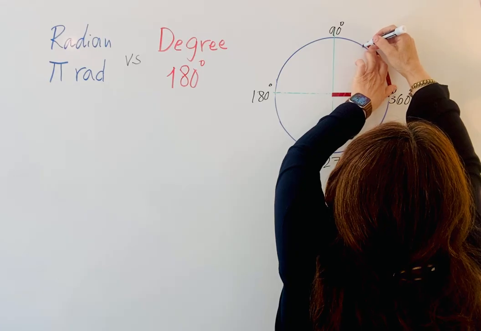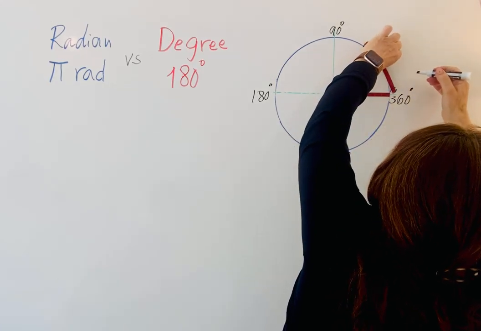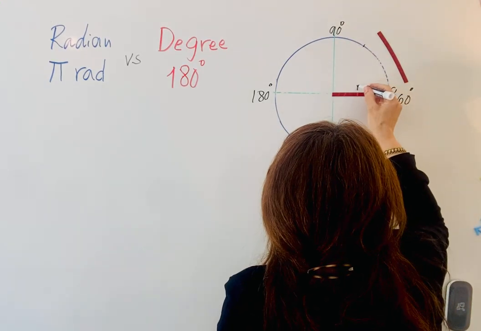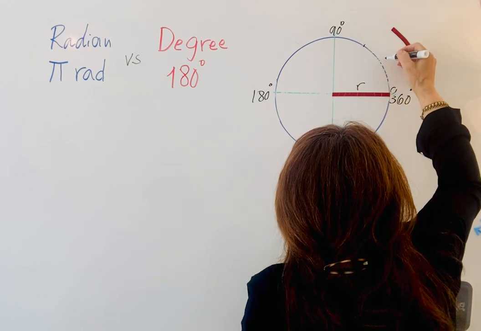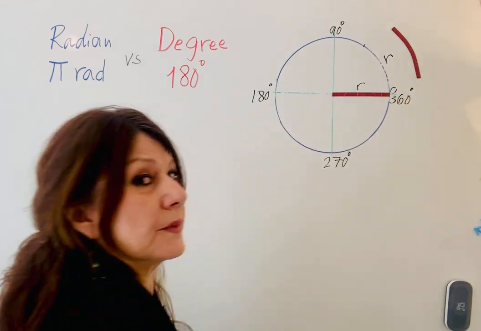This arc is equal to R, because this one is R, this arc is R too, right?